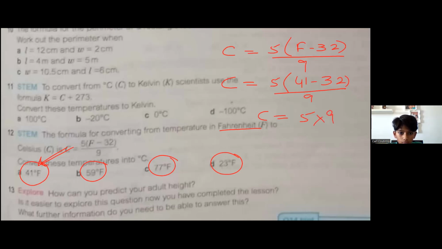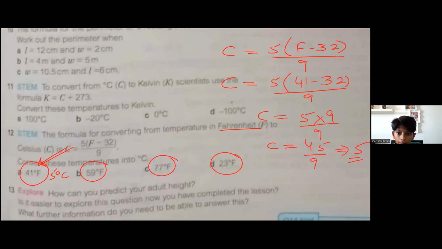And divided by 9. What will it be? 5 into 9 is 45, divided by 9. The answer will be 5, since 9 fives are 45. So 41 degrees Fahrenheit gives us 5 degrees Celsius.